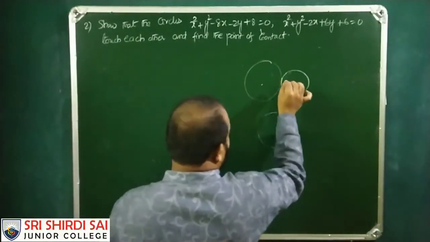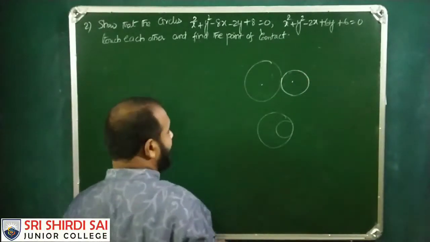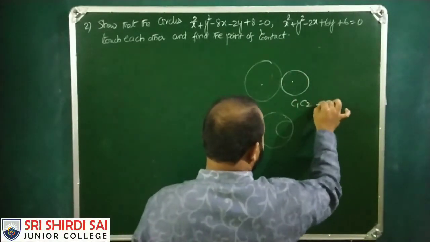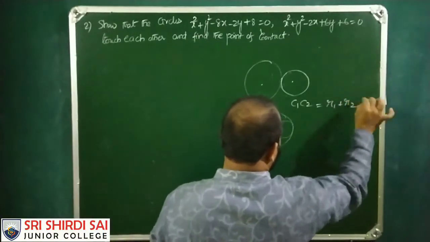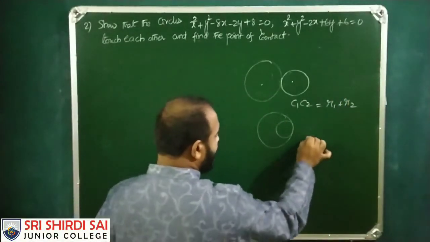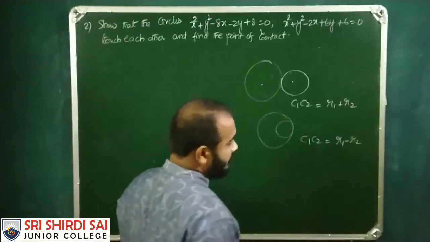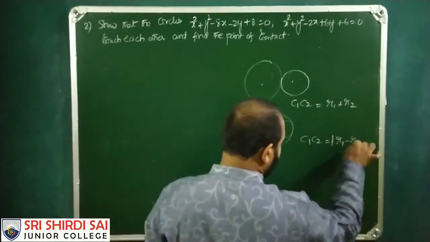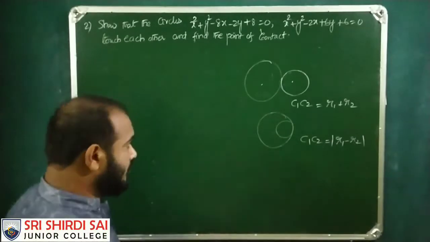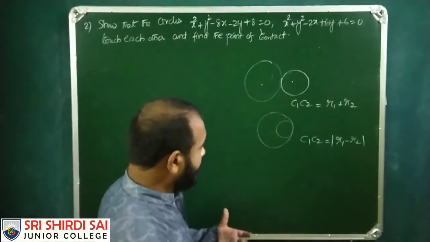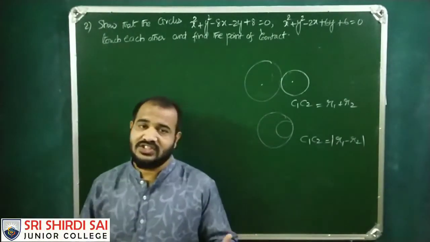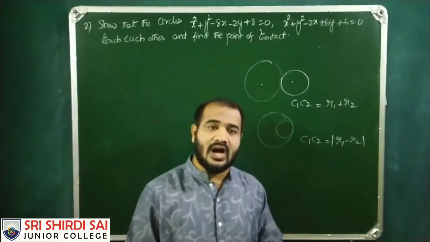So, if two circles touch each other externally, then C1C2 is equals to R1 plus R2. If two circles touch each other internally, that is C1C2 is equals to R1 minus R2, the absolute value of their difference. So, the condition for the two circles to touch each other is C1C2 is equals to R1 plus or minus R2.